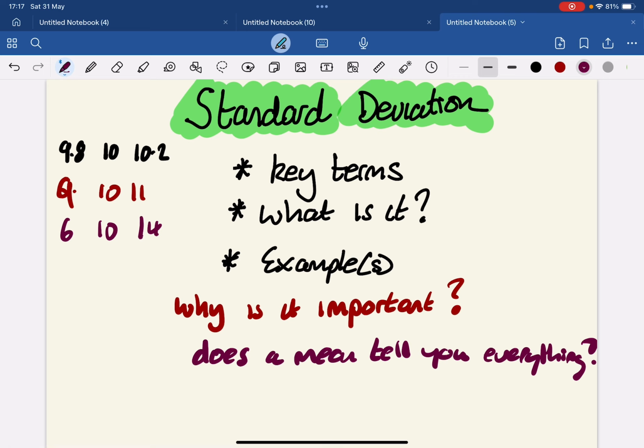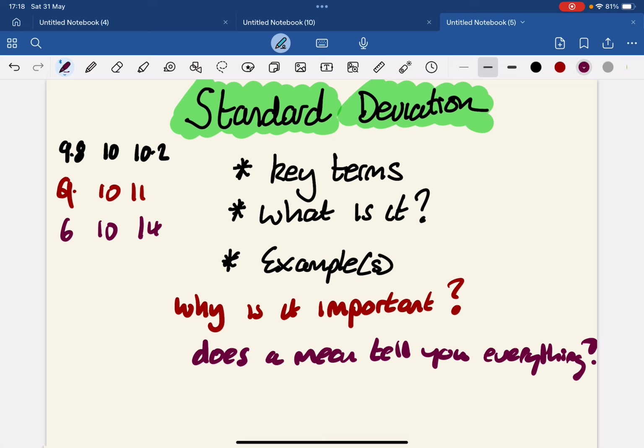When we look at the black set of results compared to the red and the purple, the spread away from the mean in the purple set is quite large compared to the black set, which is just 0.2 either side. But there's 4 in the purple set of results. So there's a bigger picture at play.